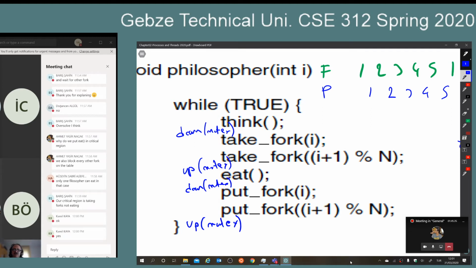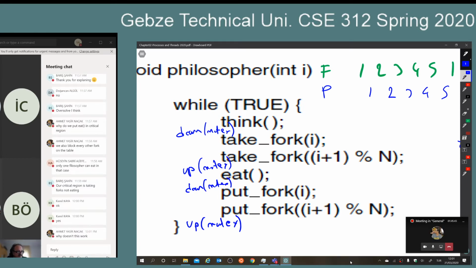But this is not a solution either. So what is the problem? The solution is a little bit more complicated than this.